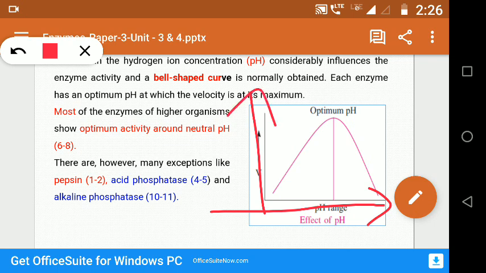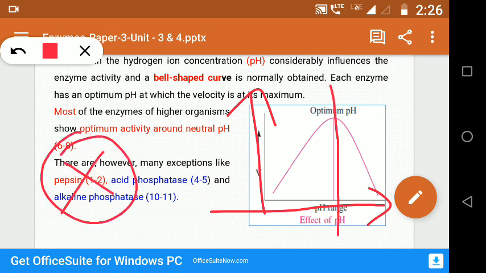So in this case, suppose the optimum pH for some enzyme X is around 7.2. That means from 0 to 7.2 the enzyme activity gradually increases. At 7.2 the enzyme activity will be at maximum.